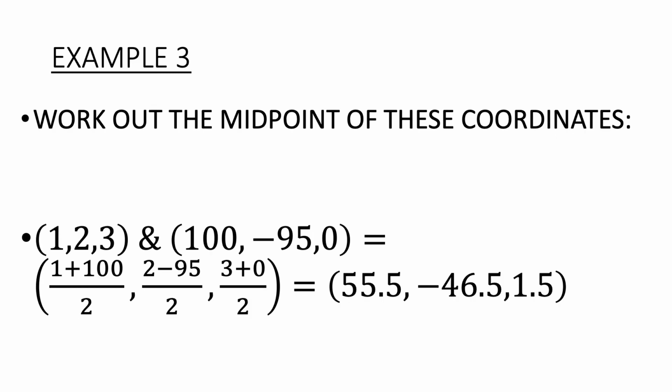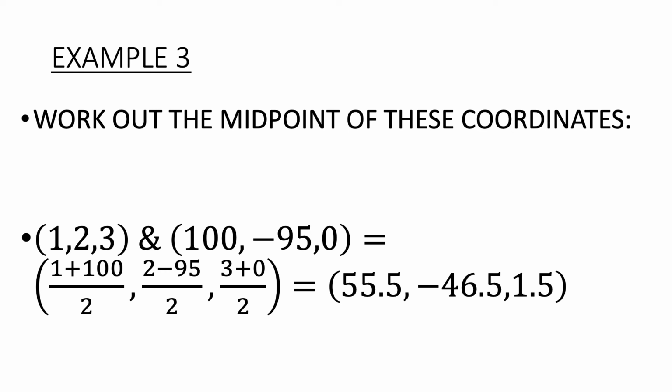Right, guys, last example, and then I'm going to get you to practice some. Work out the midpoint of these coordinates: 1, 2, 3, and 100, -95, 0. This is slightly harder, but all you would do is add the x components.